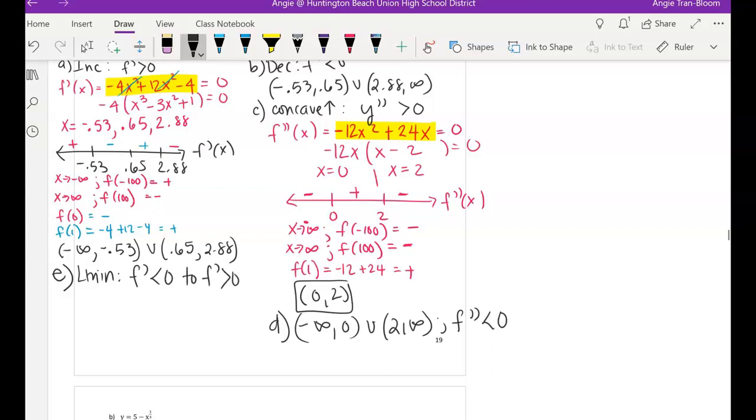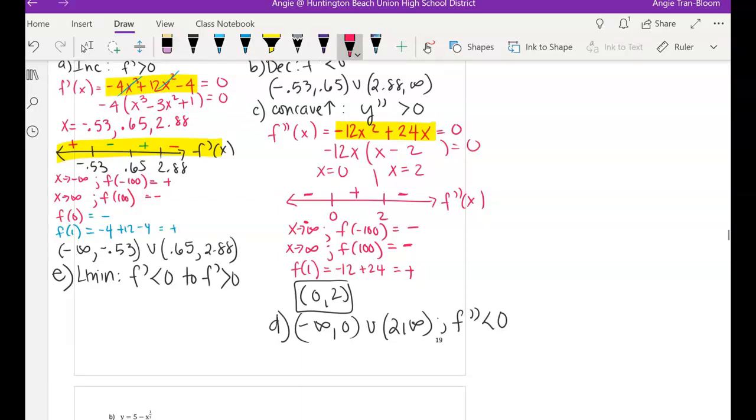Okay, so I'm going to look at this thing right here because all the work is pretty much done for us. So the answer is it changes from negative to positive at 0.65. Okay, and that's it.